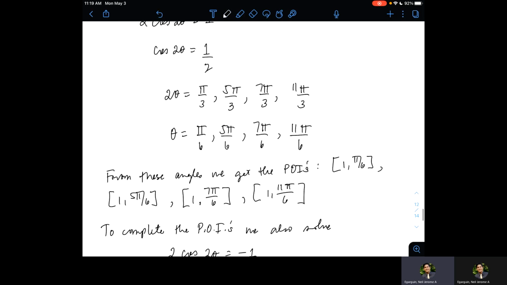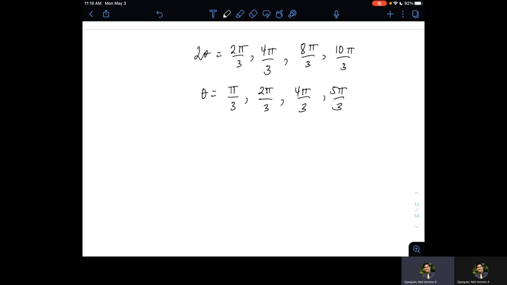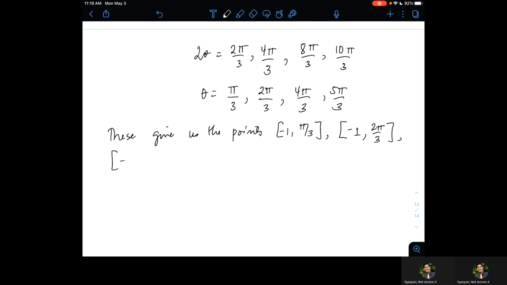And these angles are different from the ones we got before. Let's see what this gives us. This gives us the polar points negative 1 comma pi over 3, negative 1 comma 2 pi over 3, negative 1 comma 4 pi over 3, and negative 1 comma 5 pi over 3.